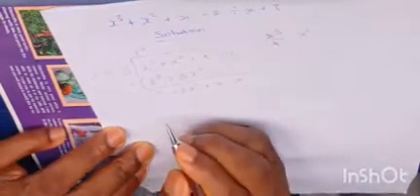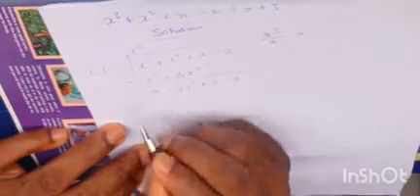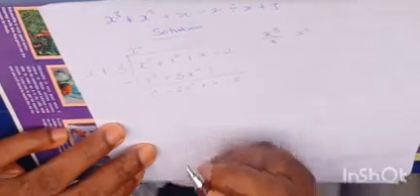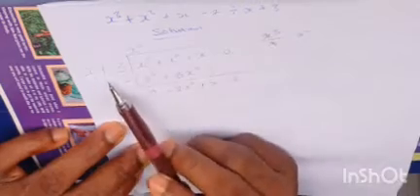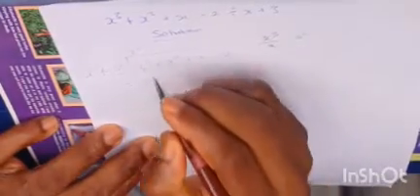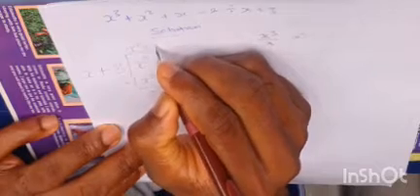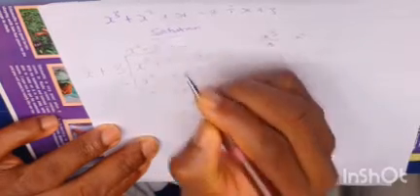Here, x cubed is no longer existing, so we're having negative 2x squared. Now negative 2x squared divided by x, we are going to have negative x squared.